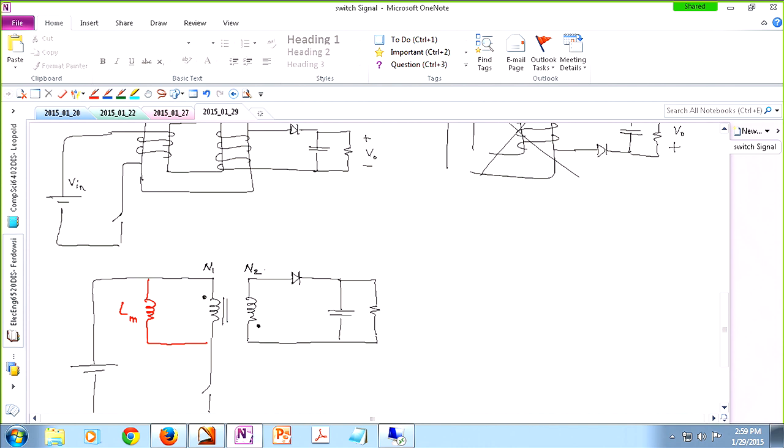So this magnetizing inductance is not an external component. It is actually internal to your transformer.